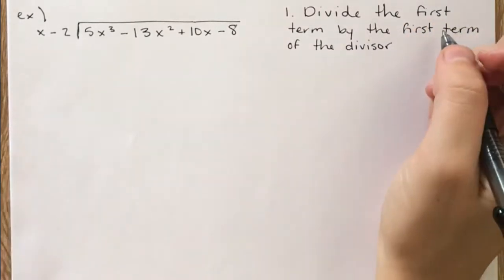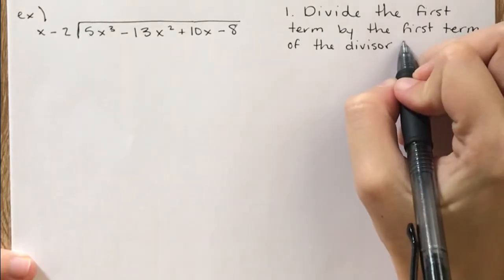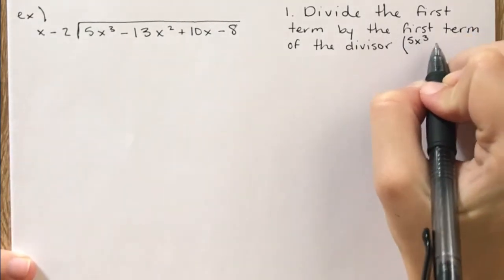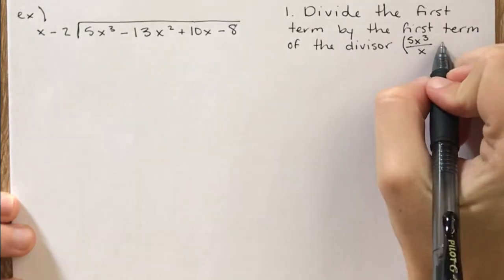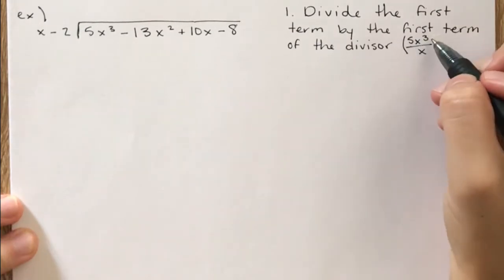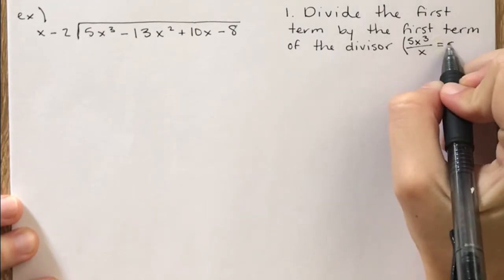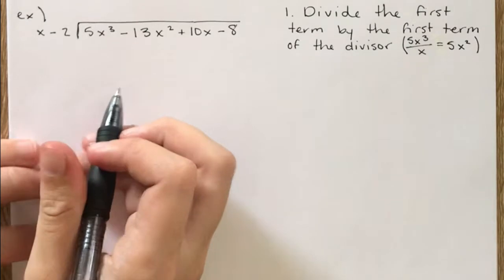This is very similar to what we did with our integer cases, right? So here, the first term that we're dividing is 5x cubed, and we want to divide that by the first term of our divisor, which is x. We've got 5 times 3 x's. We're dividing by 1x, so that leaves us with 5 times 2 x's, so 5x squared.